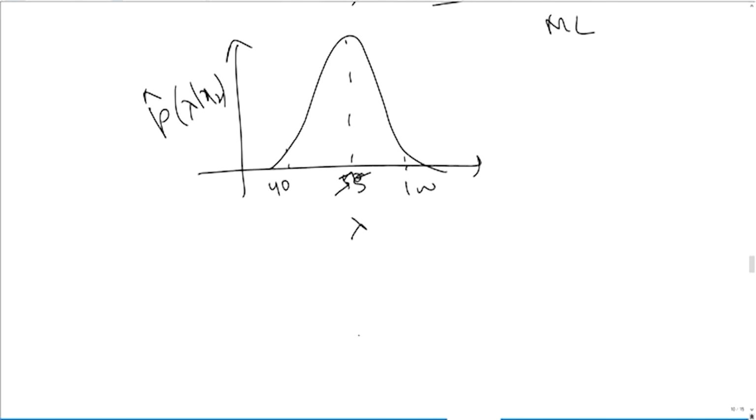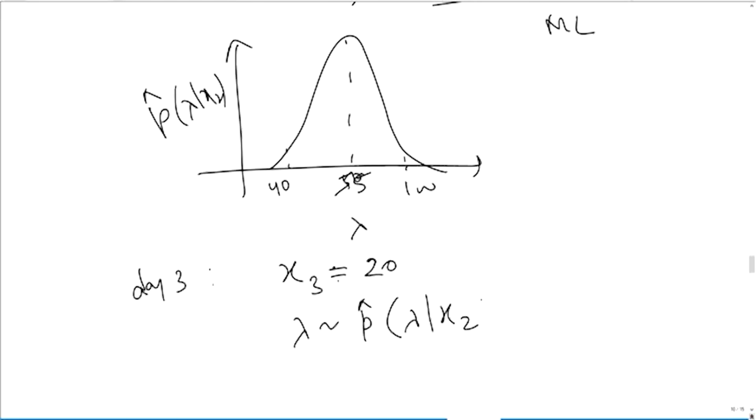And now, let us say again on day 3 you observe that the number of road accidents is actually 20, then again you will do the same process. The likelihood will remain the same, but your prior for making inference about day 3 data will be the posterior after observing day 2 data. That will become your new prior.